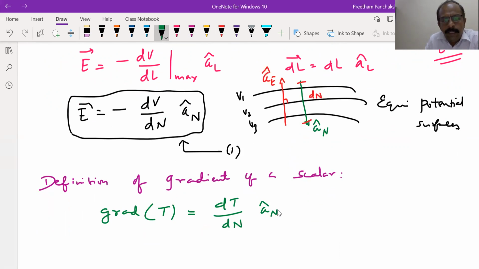This gradient is a vector operation, but it is performed over a scalar, and it has a unit vector a cap n, which is the direction of dn or delta n. This is equation number 2.